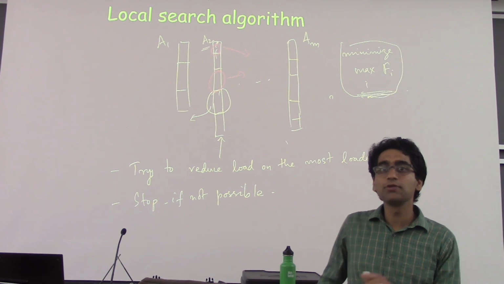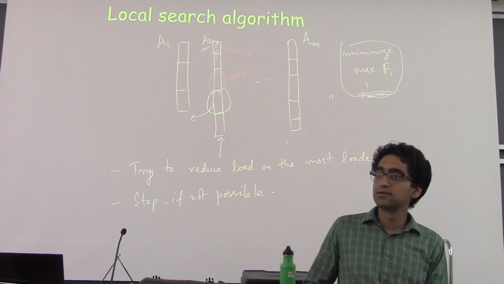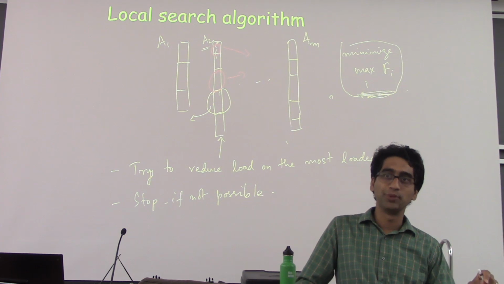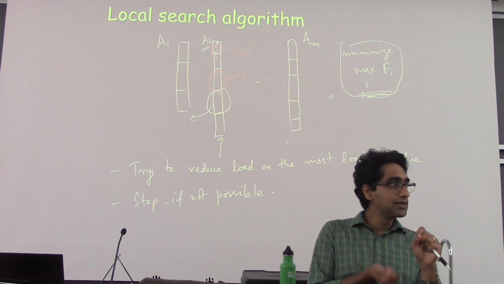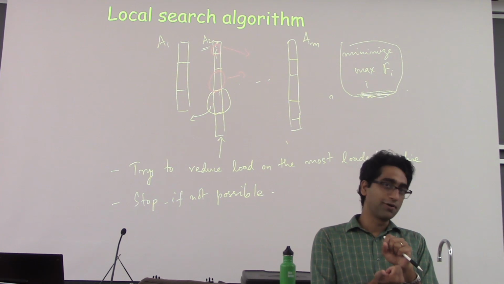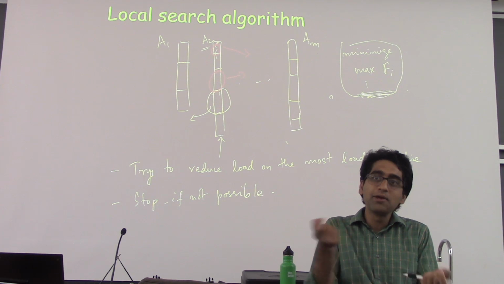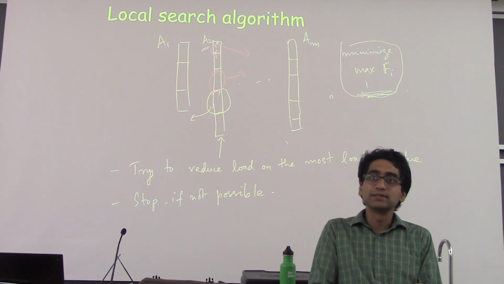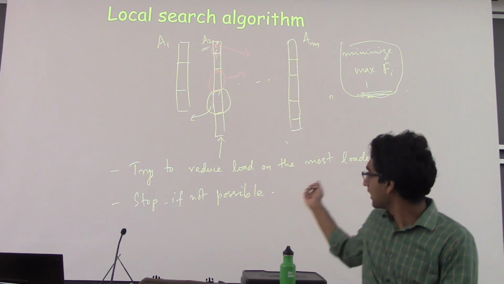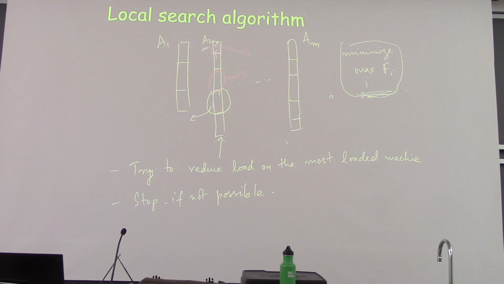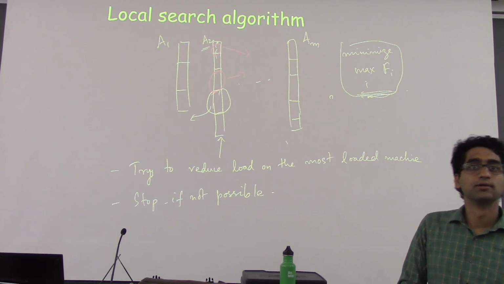But for this algorithm, we don't care. So that's one thing about local search, which is you just try to make some improvement. How much improvement you make will determine the running time of these kind of algorithms. If you make only very little improvement, then maybe it wasn't worth doing this step. That we will come to later, but for now it doesn't matter. So as long as it's possible to reduce the load, do it.